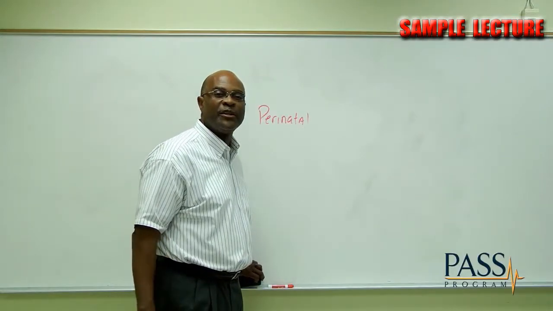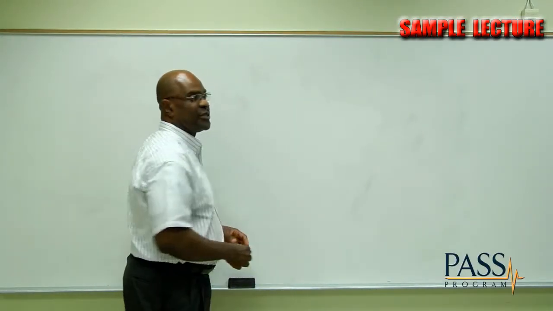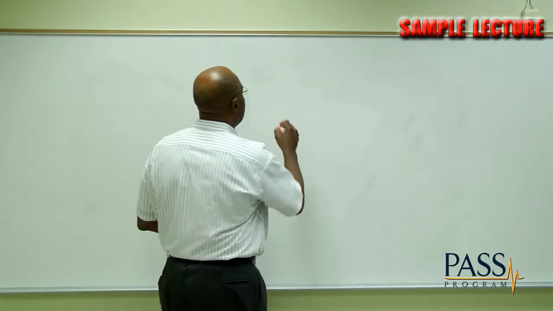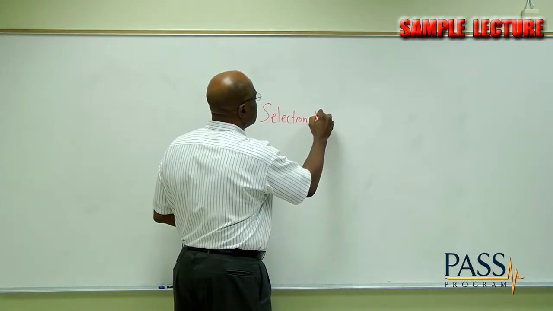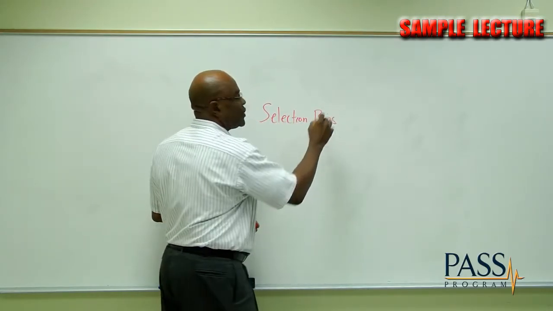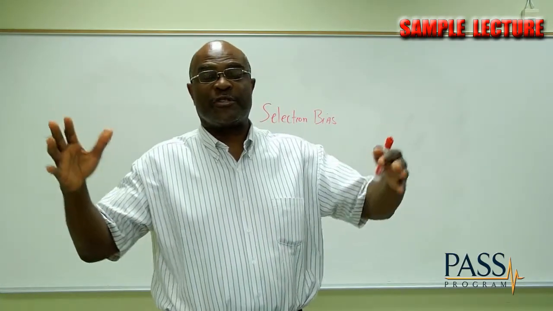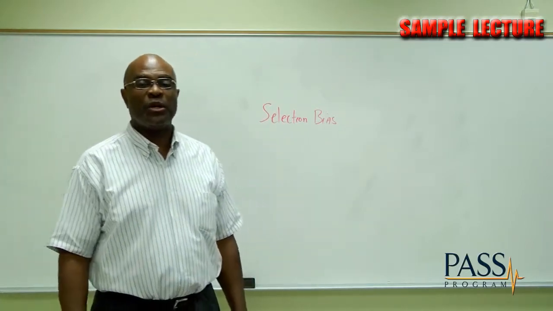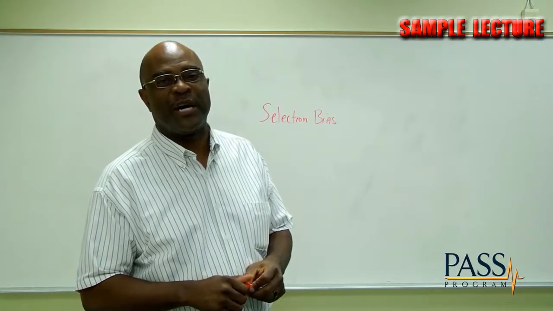Whenever you don't have well-defined criteria about who can get into the study, then you can set up what we call a selection bias. Selection bias is when your entry criteria is too wide so that you allow too many people who don't really fit the criteria for the group that you're trying to target.